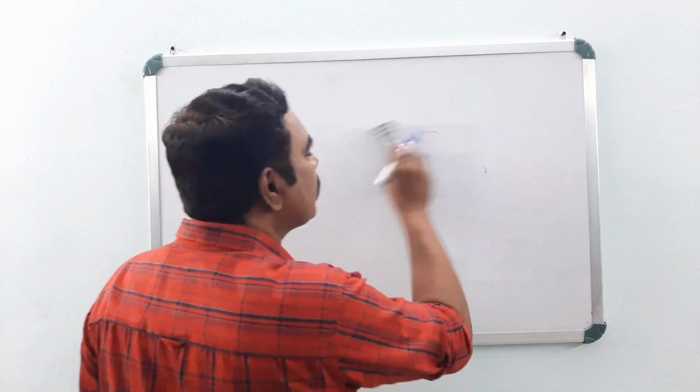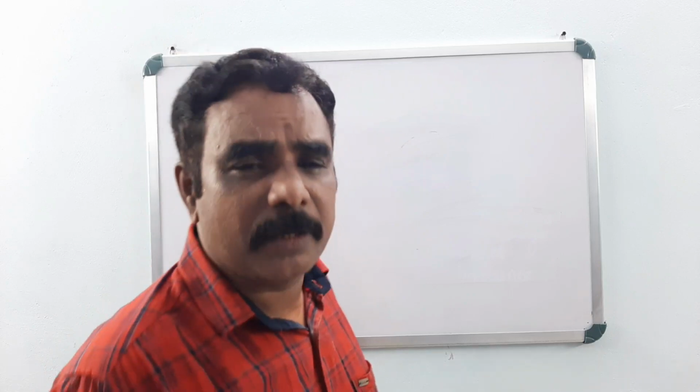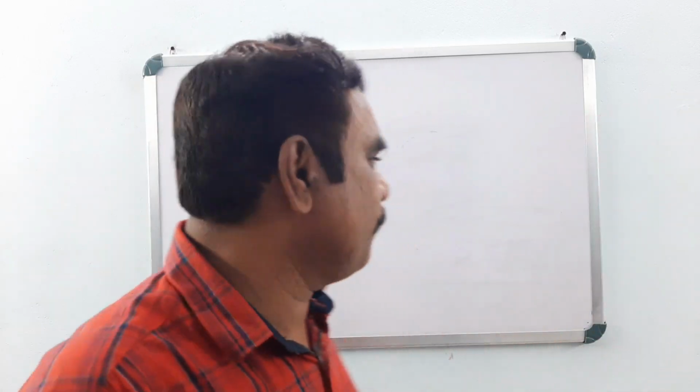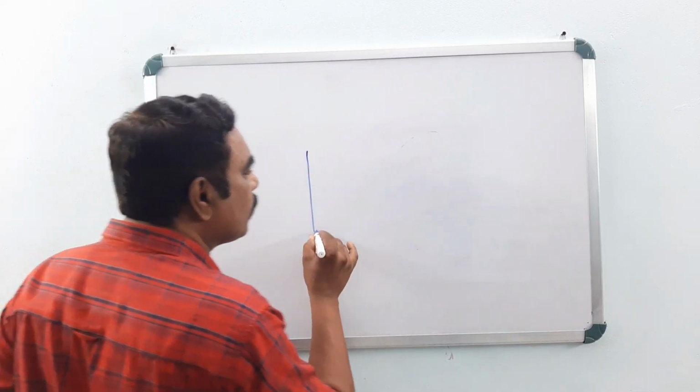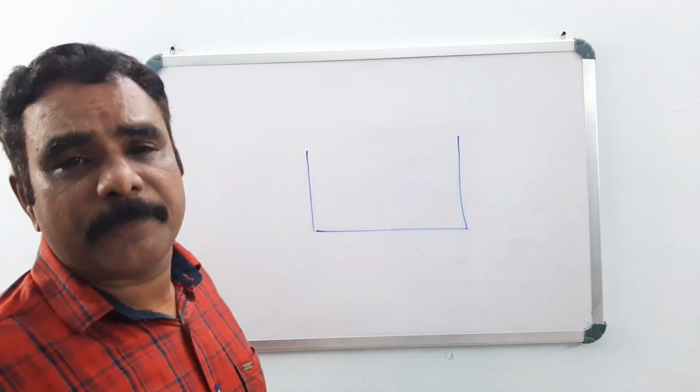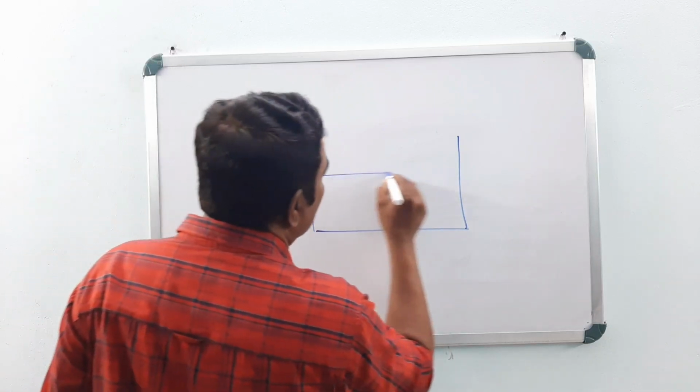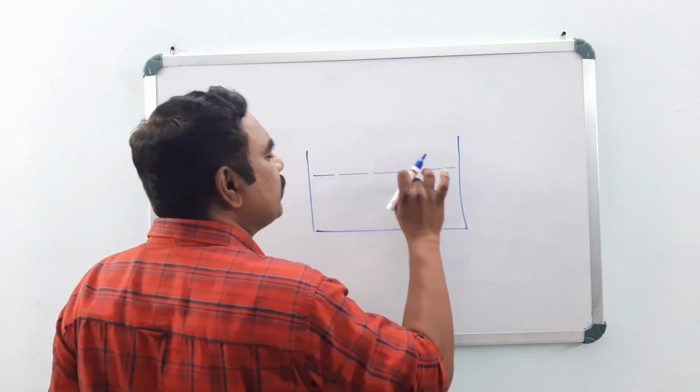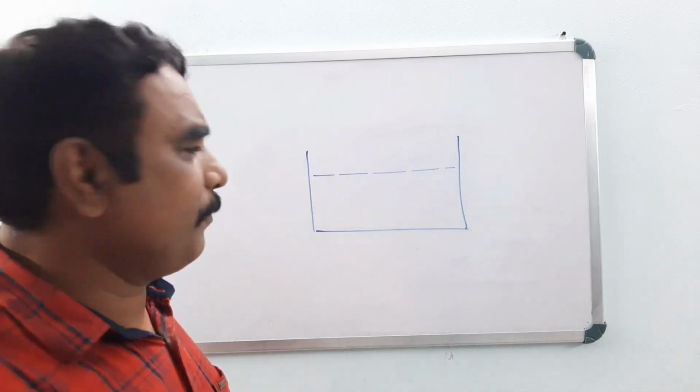For that, we are considering a trough, that means a vessel with a broad mouth. That trough is this. And we are taking some water or any liquid of that type in it.